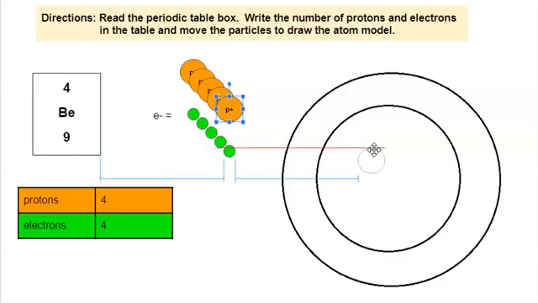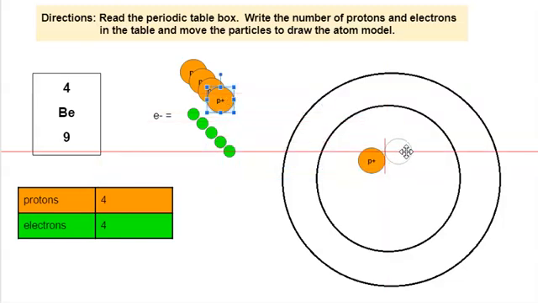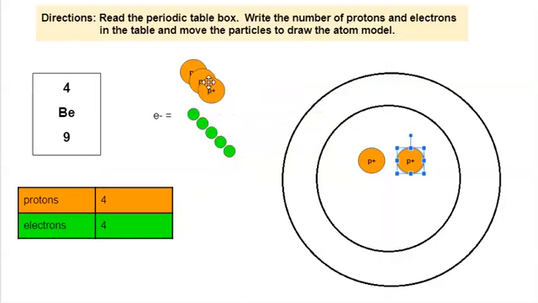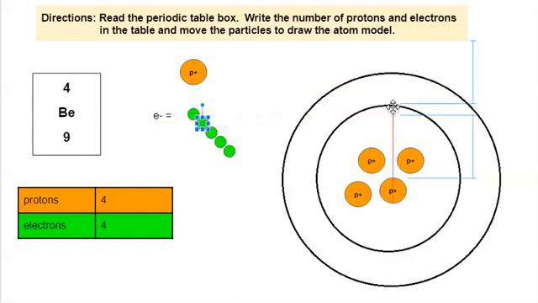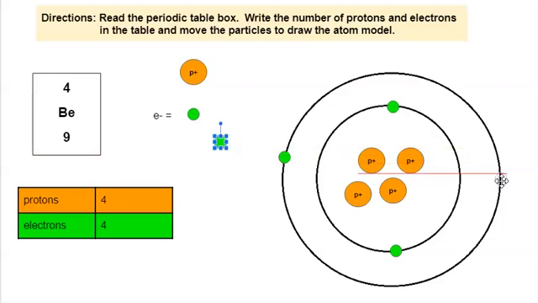We should have 4 protons in our nucleus, and we need 4 electrons on our energy levels. But we can only put 2 on the first energy level, and the other 2 have to go on our next energy level, or orbital, or shell.